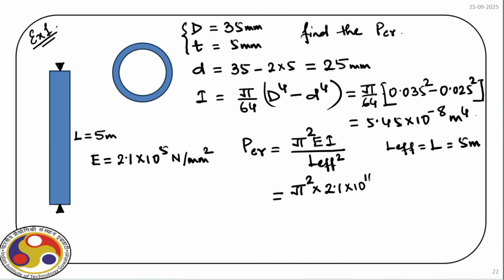So it is 10 to the power 11 Newton per meter square, multiplied by I, which is 5.45 into 10 to the power minus 8, divided by L effective, which is 5 square.